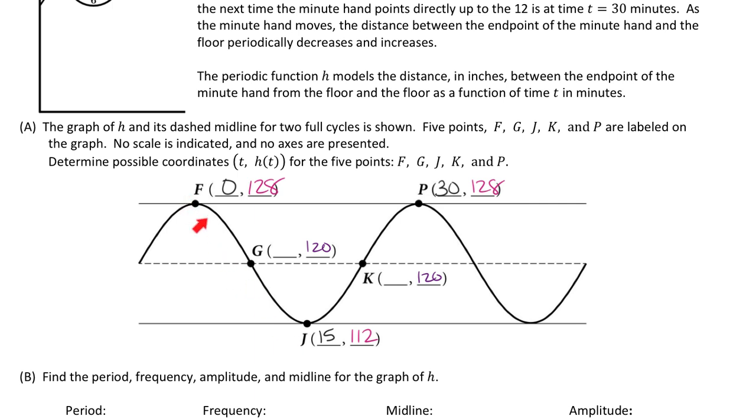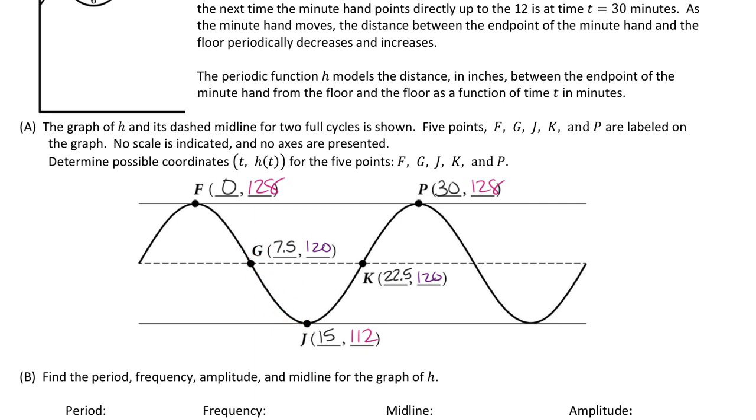And if we want halfway between 0 and 15, it's just 15 divided by 2, which is 7.5. And then what's halfway between 15 and 30? 22.5. Just add these two numbers together. 15 and 7.5 is 22.5.